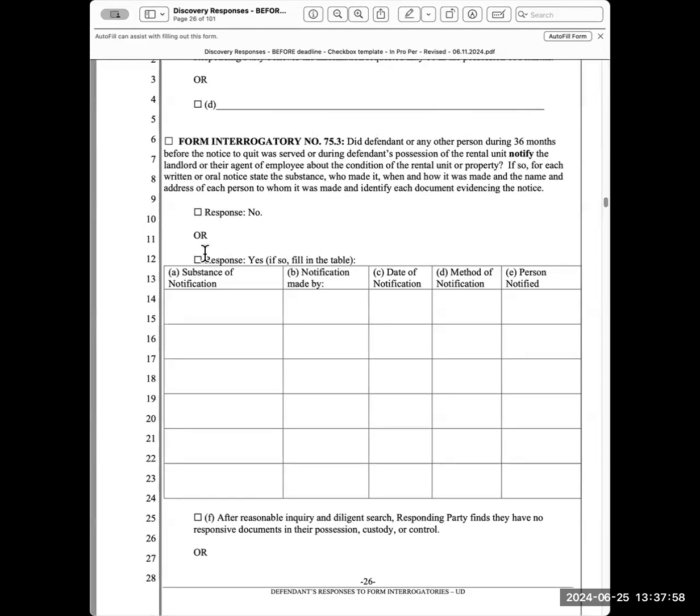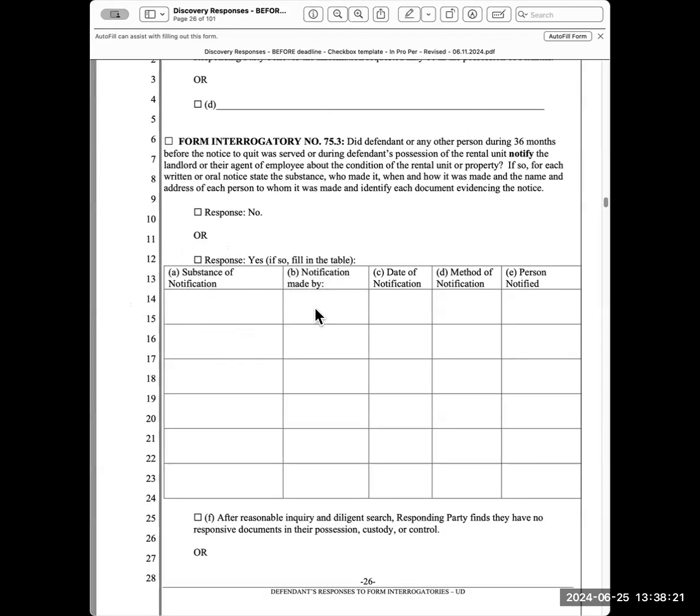If, however, you did notify the landlord or property manager or some other agent of the landlord about repairs that need to be made, you're going to put in the substance of the notification. What was the basis for the notification? You know, I've got problems with plumbing, electrical, rats, roaches, whatever it is, you put in here.